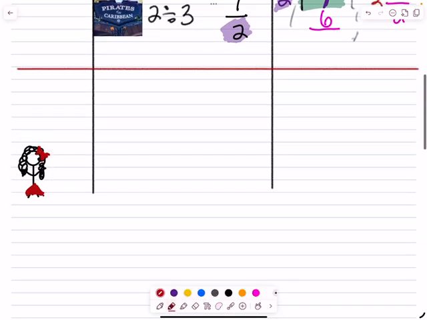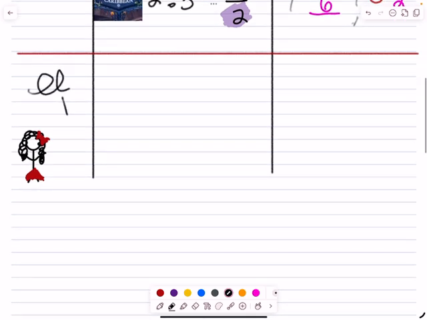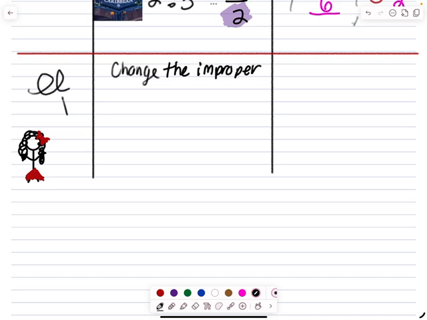Pretzel 1. Okay. My question is going to be: change the improper fraction to a mixed number.